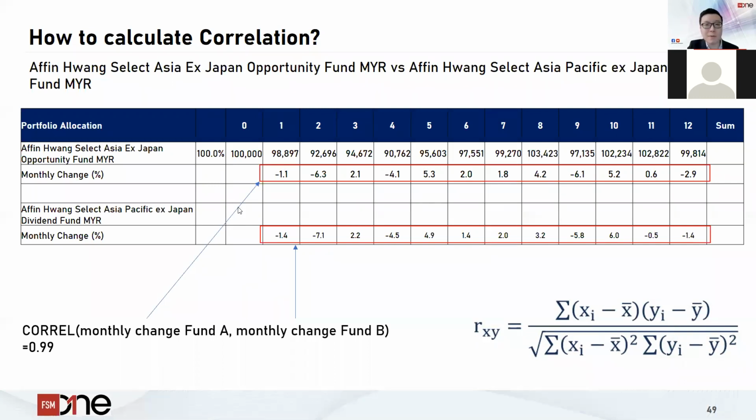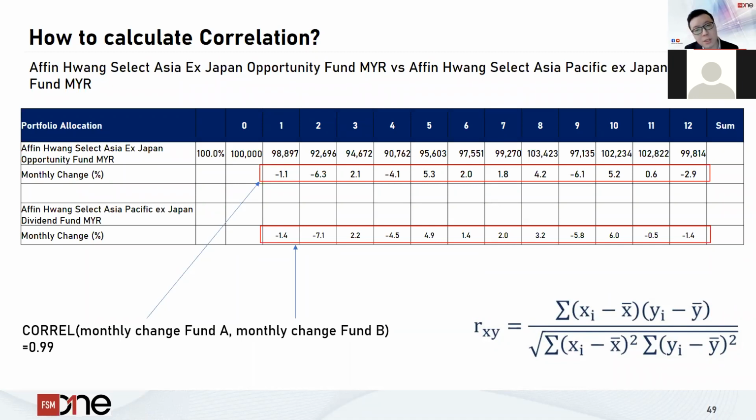In this example, I just used 12 months to show how you calculate it more easily. But in my previous examples, I've used 3 years. So for the 3 years, you just do every month, the monthly change of the fund. Then you can calculate the correlation between different asset classes yourself. Okay, next one.